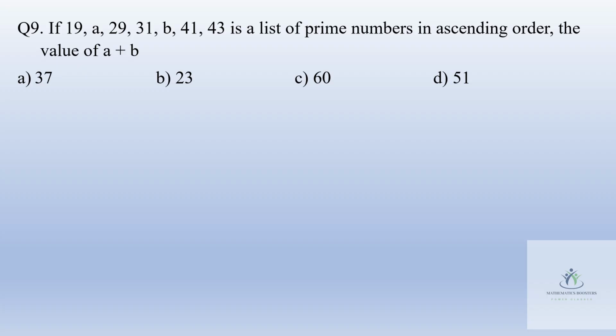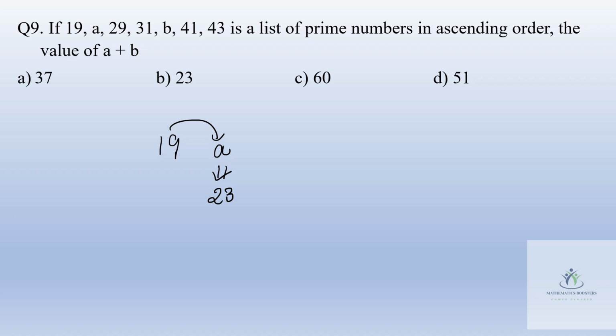Next, if 19, A, 29, 31, B, 41, 43 is a list of prime numbers in ascending order, find the value of A plus B. If it is a prime number, what will be our next number after 19? That is 23.